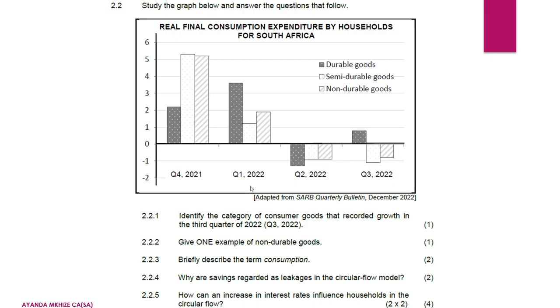So when responding in your answer to 2.2.1, it should be durable goods, based on the fact that we saw an increase from just below -1 to close to 1 in quarter three of 2022. Now, if they ask you to give one example of durable goods, we are asked to provide only one example.